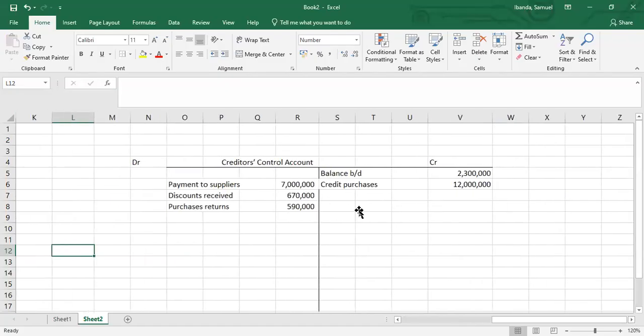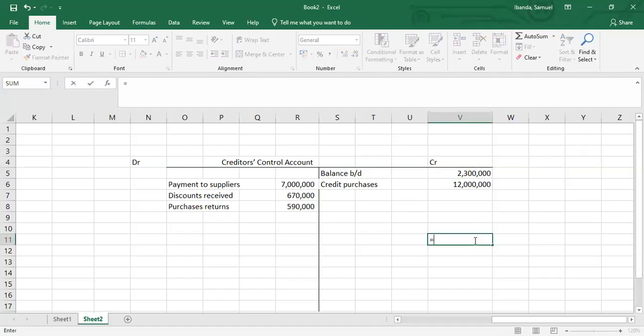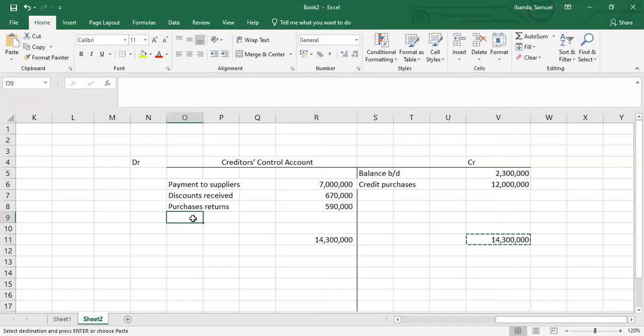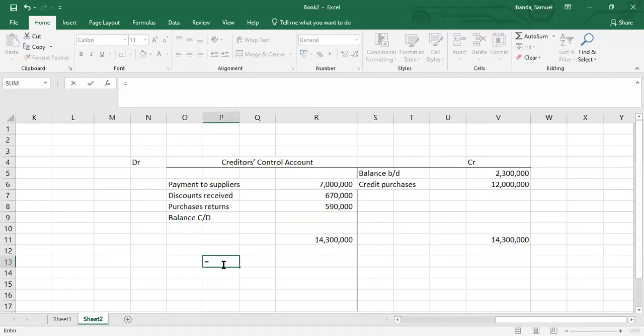So I'll come right here. Since I know that these are creditors, this side is always higher. So I'll just get the summation of this side. It's 14.3. That's the same balance that should appear here. Since it's the same balance, I'll have my balance carried down, which is the difference between the summation of what is already existing.